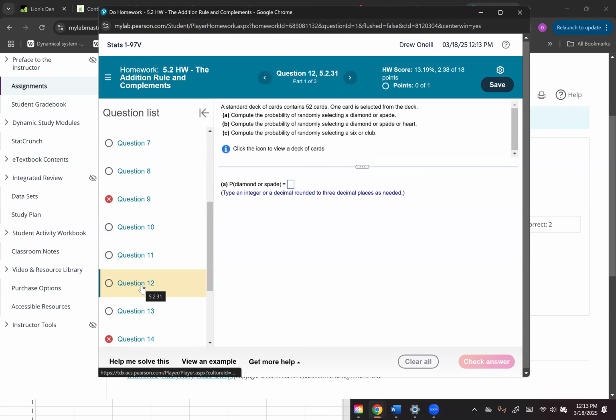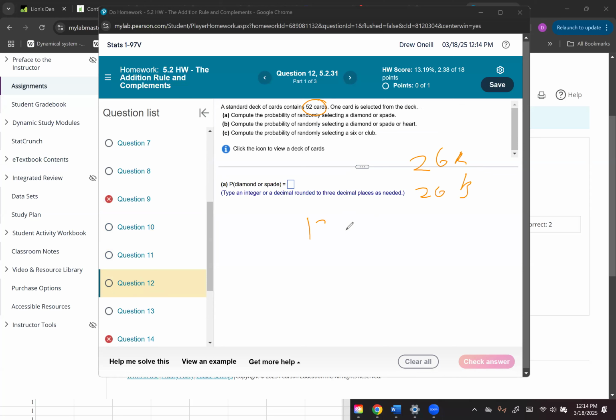12. This is a bit of a biased question because you have to know a little bit about cards in a deck. First thing is that there's 52 cards. There's 26 red, 26 black.